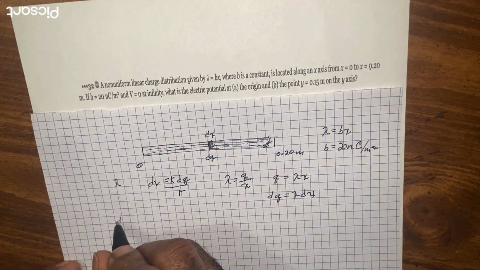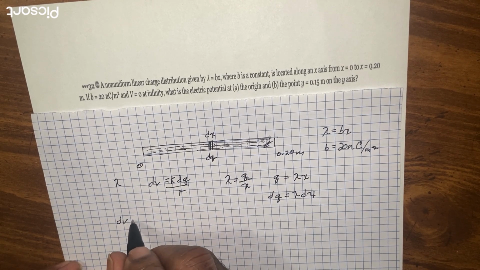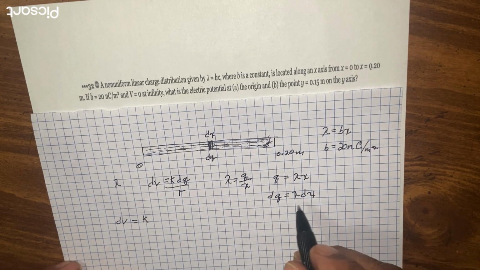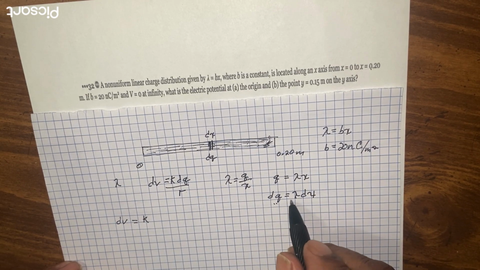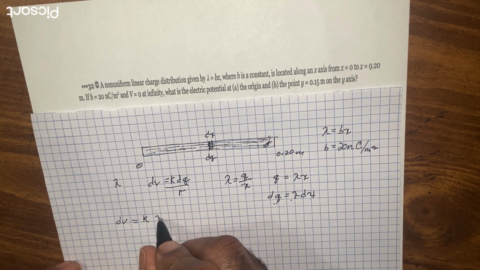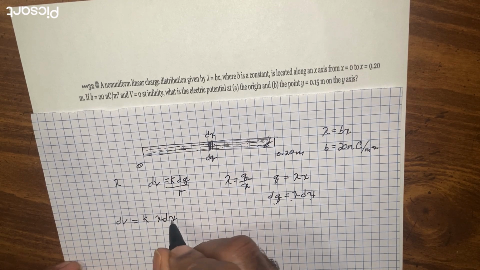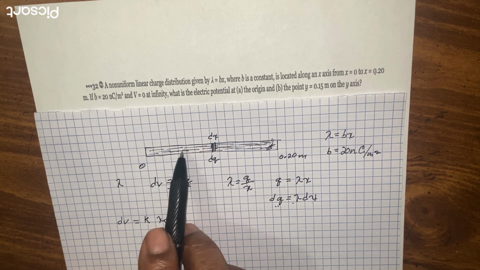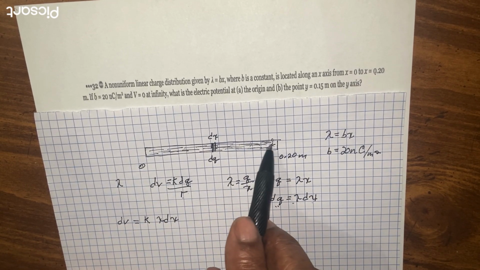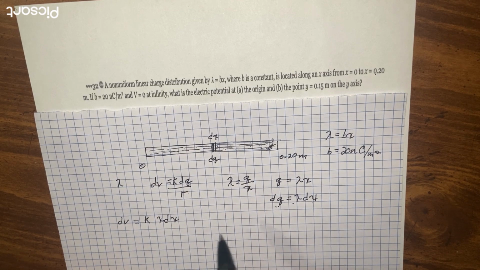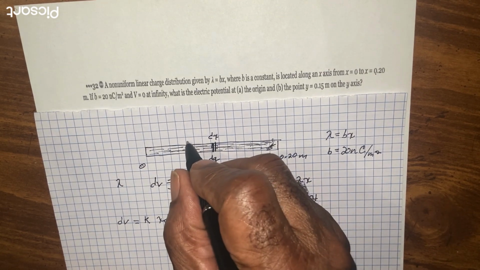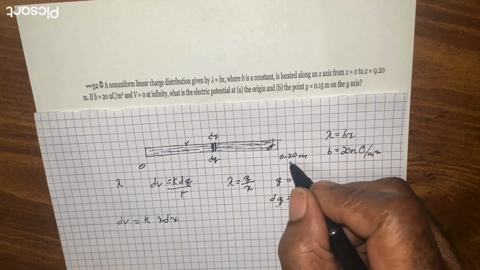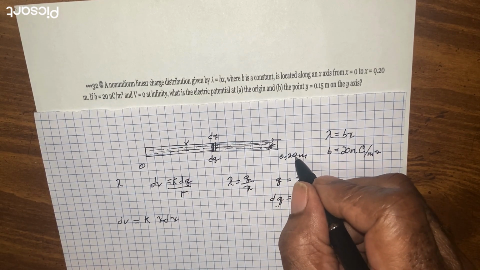So dV is going to equal K, and dq is lambda dx. And our R, we're just integrating along this rod, and our R is any point x as we go to 0.20.